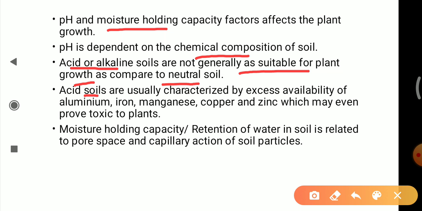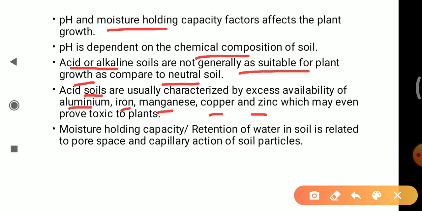Acid soils are usually characterized by excess availability of aluminum, iron, magnesium, copper and zinc, which may even prove toxic to the plants. Iron, magnesium, copper and zinc are micronutrients. They are required by the plant but in a little amount.